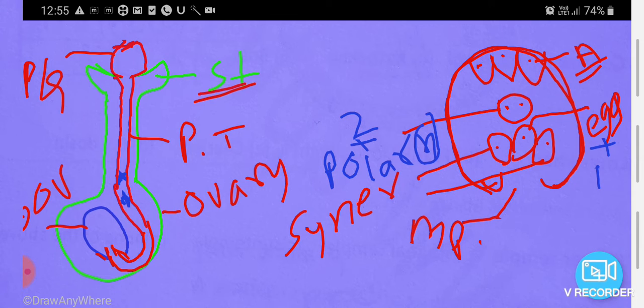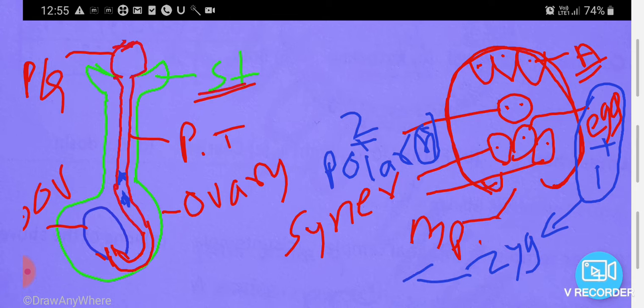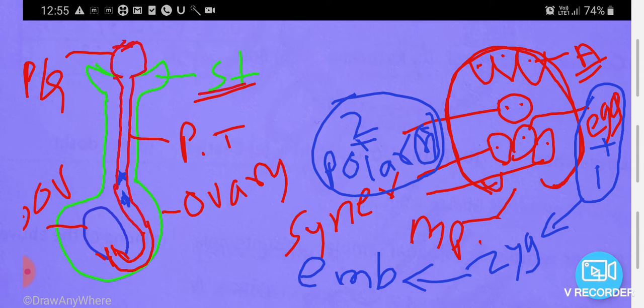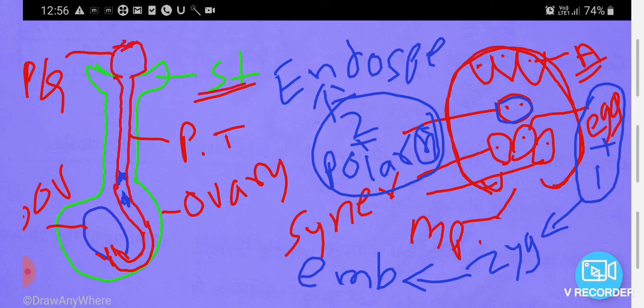As the male gamete fuses with the egg, it forms a zygote, and then this zygote develops into the embryo. And the second male gamete, which fuses with the secondary or polar nucleus, forms the endosperm.